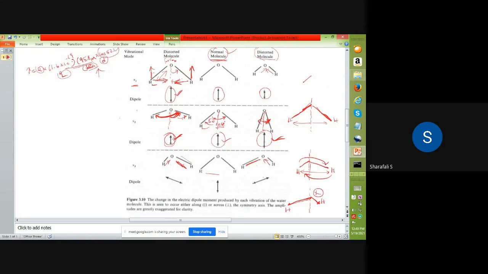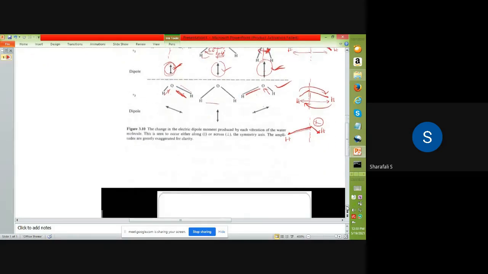Also, when the hydrogens are going toward the oxygen in symmetric stretching, and you consider the central axis, these two hydrogens will be symmetric to that axis, because the separation distance is the same. That's why it is called symmetric stretching. Similarly, in the bending mode, with respect to the C2 axis, we'll have the hydrogens at the same positions. Both hydrogens will be symmetric with respect to that axis. But in the antisymmetric case, it is not symmetric with respect to that axis. That is why it is called antisymmetric.